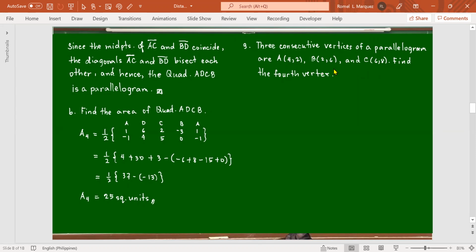Get it, guys? So let's illustrate. Three consecutive vertices of a parallelogram are (4, 2), (2, 6), (6, 8). They are all in the first quadrant. Maximum y is 8, and for the x we have 6.